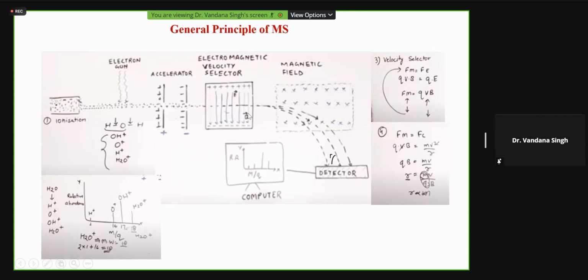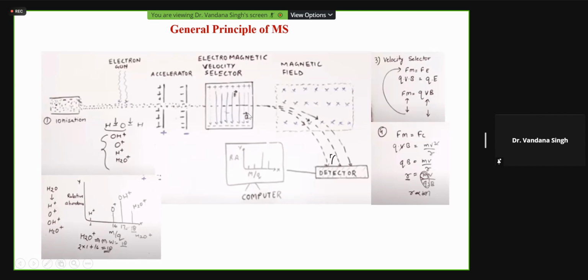Then the charges will try to refocus themselves so that they can travel this path to reach the detector, and larger masses are refocused very slowly. However, smaller masses will refocus fast, so they will travel fast, and the low molecular weight molecules will leave this column first. So this is called low pass mode.